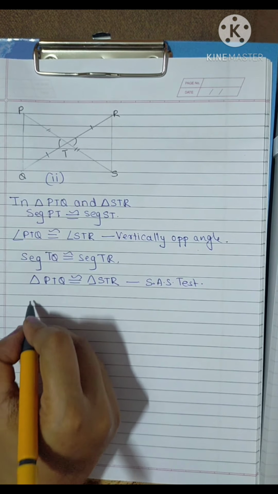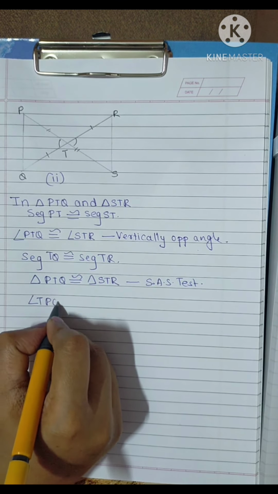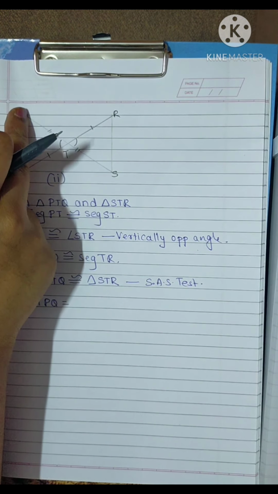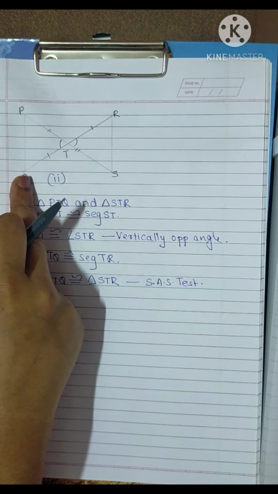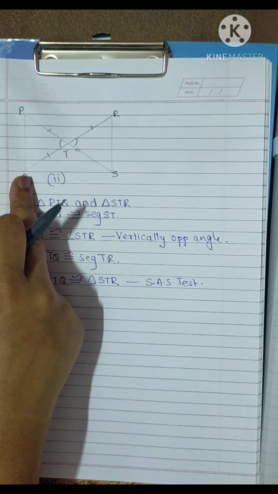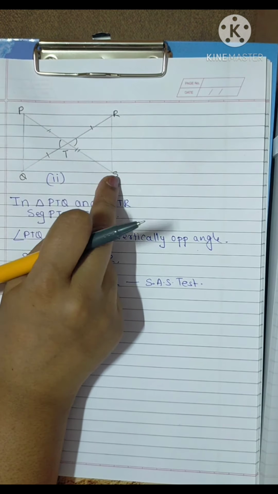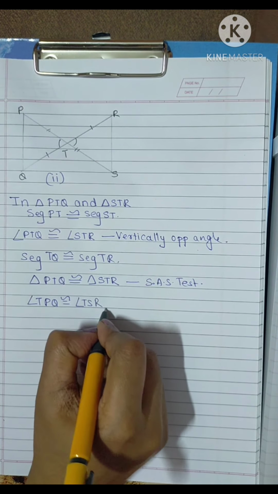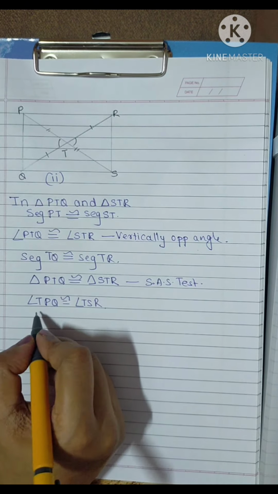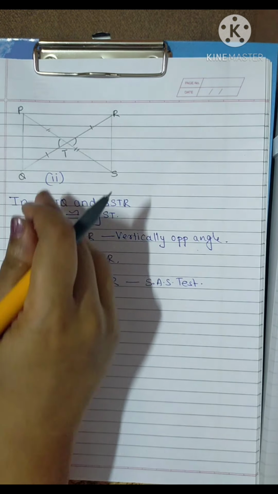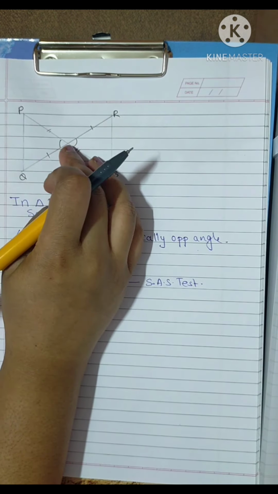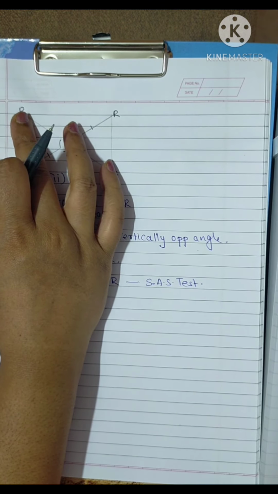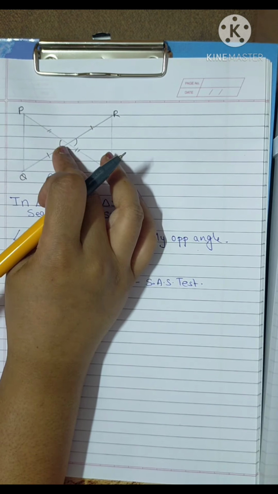Now angle TPQ is congruent to angle TSR. Again angle TQP is congruent to angle TRS.